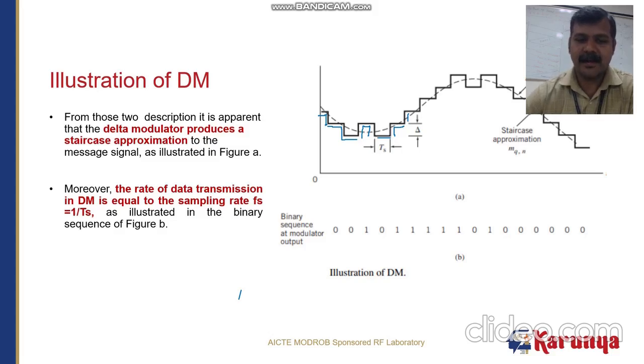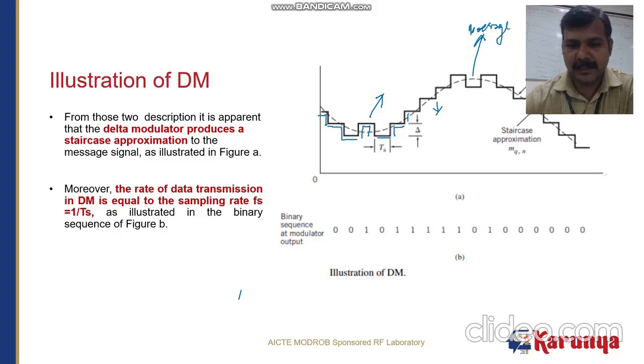So if it is plus del, your staircase will go up. If it is minus del, the staircase will go down with respect to the message samples. So here you can see this is my message.